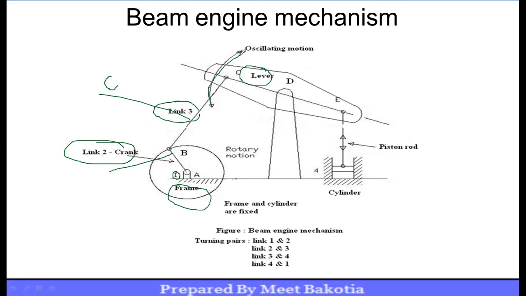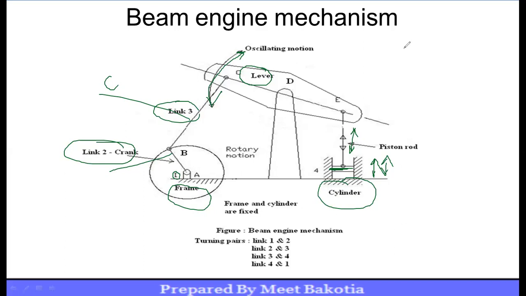You can see over here the oscillating motion is shown. As the lever oscillates, the piston rod is going to move up and down, which causes the reciprocating motion of the piston in the cylinder. So this is how the beam engine mechanism functions.